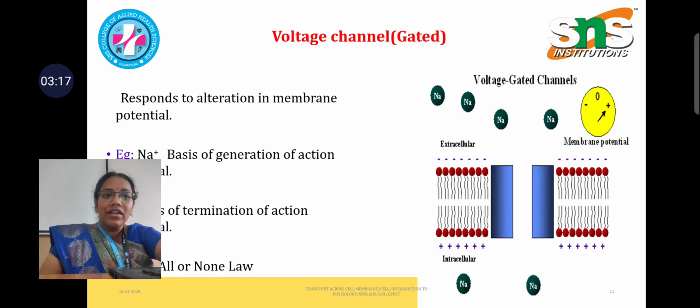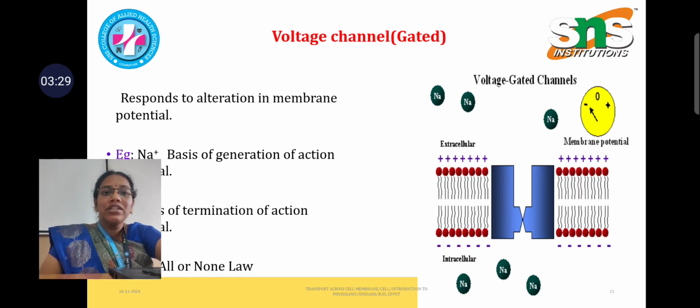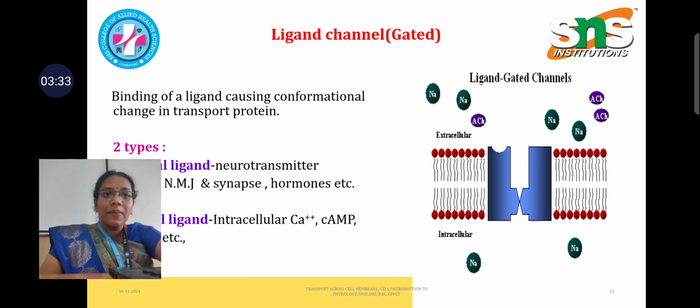In voltage gated, you can see here that the outside of the cell, the extracellular side, is negative and the intracellular side is positive. To make this happen, sodium enters into the cell. This is called voltage gated. Based on the charge levels, it helps the entering of molecules. Whereas in ligand gated, you can see acetylcholine getting attached to the channel, where the channel gets opened and sodium enters into the cell.